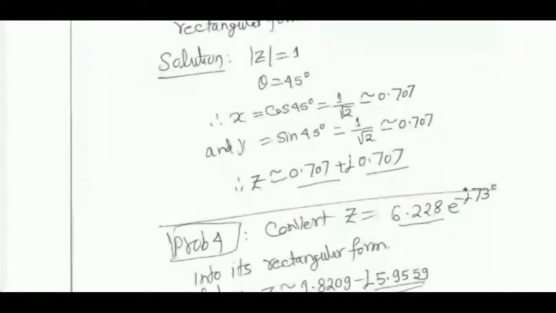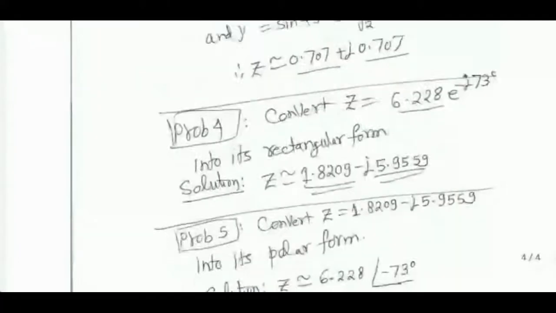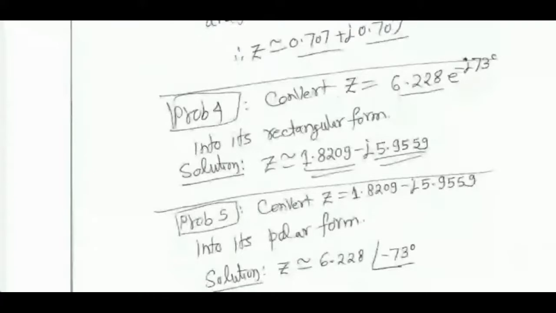Cos 45 degrees is the same as sin 45 degrees. It is 1 upon square root of 2, which is approximately 0.707. So the answer is 0.707 plus j 0.707 approximately. Problem 4, magnitude is 6.228, angle is minus 73 degrees. You should be able to figure out the answer.